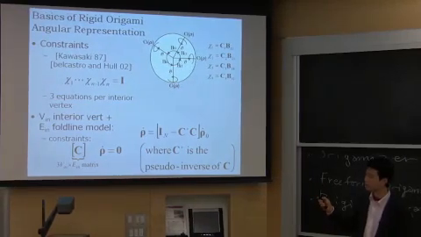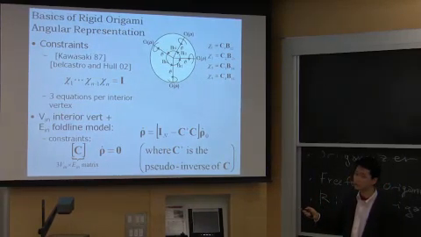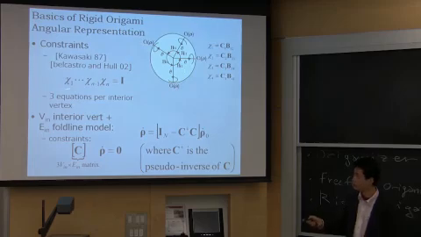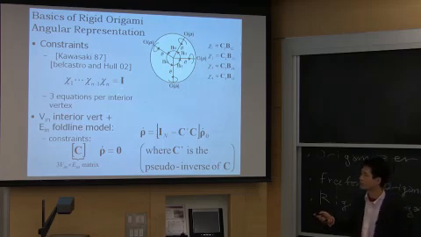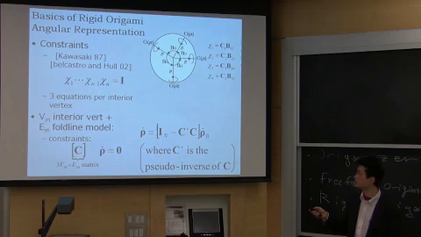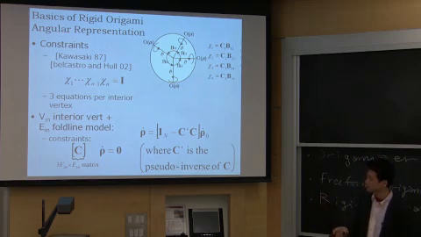The folding angles are constrained at each vertex by this equation, which is in 3x3 matrix form, which actually gives 9 equations, but only 3 of them are independent. So we have 3 equations for each vertex.